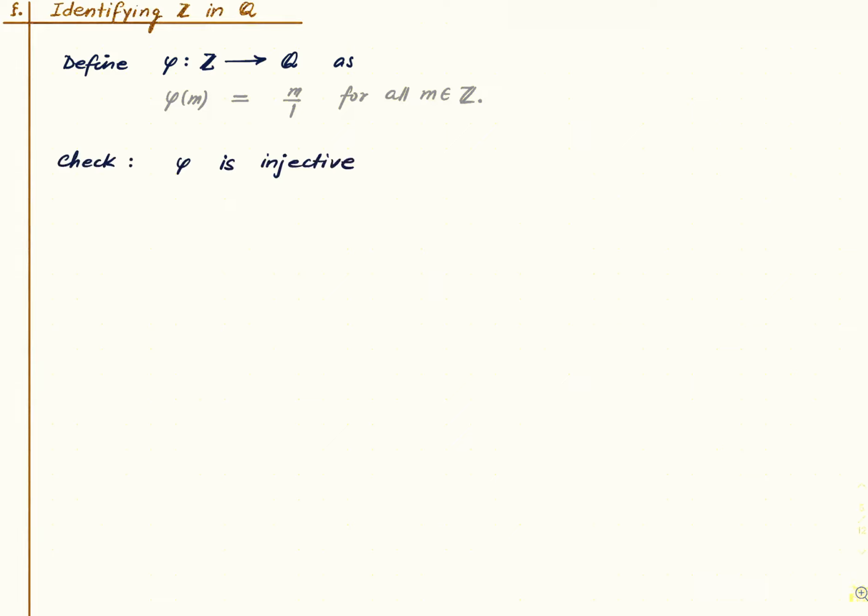Well, there is nothing to do here. So to check injectivity, what do you need to know? Suppose phi m were equal to phi n. We need to show that m is equal to n. But phi m is equal to phi n means m by 1 is equal to n by 1, which implies m times 1 is equal to n times 1, which implies m is equal to n.